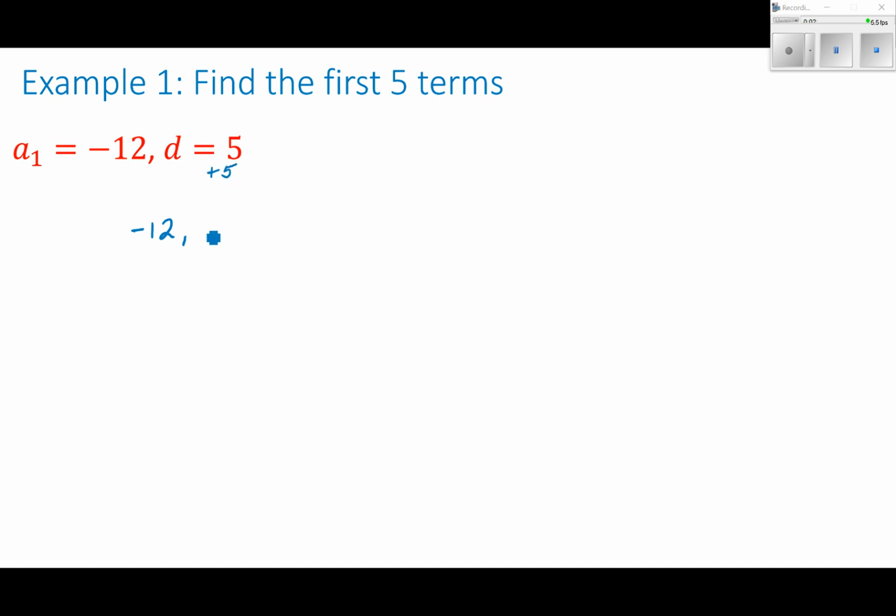And so I'm going to end up with a negative 7, add 5 would be negative 2, add 5 would be 3, add 5 would be 8. So the first 5 terms, given that this is an arithmetic sequence, saying the first term is negative 12, the common difference is 5, we could list these out. So these would be the first 5 terms.